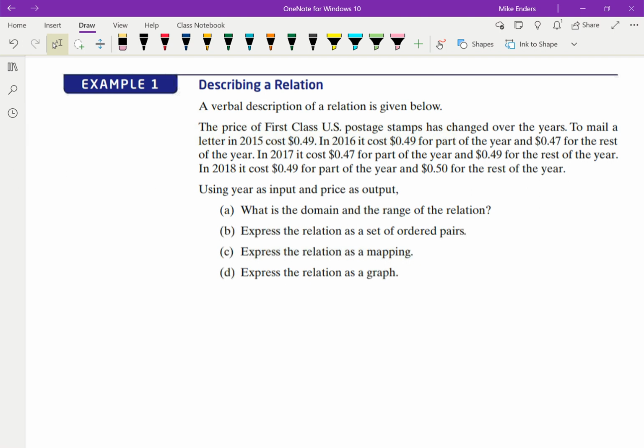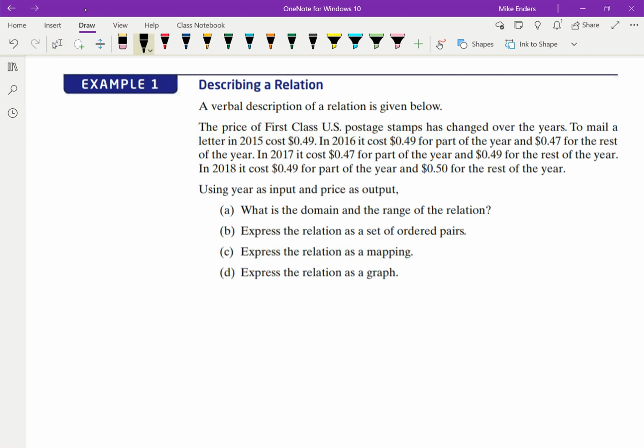To mail a letter in 2015 cost 49 cents. 2016 cost 49 cents for part of the year, 47 cents for the rest of the year. In 2017, it cost 47 cents for part of the year and 49 cents for the rest of the year. And in 2018, it cost 49 cents for part of the year and 50 cents for the rest of the year. So let's use year as the input and price as the output.